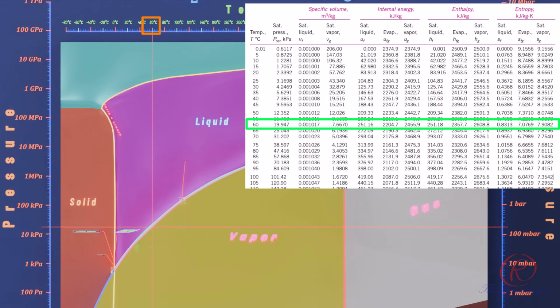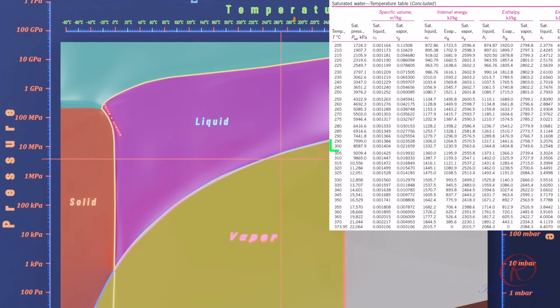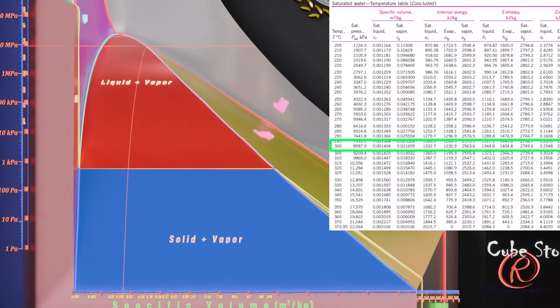The value in the table is in the green box. The known temperature value is 300 degrees Celsius. The value in the table is in the green box.